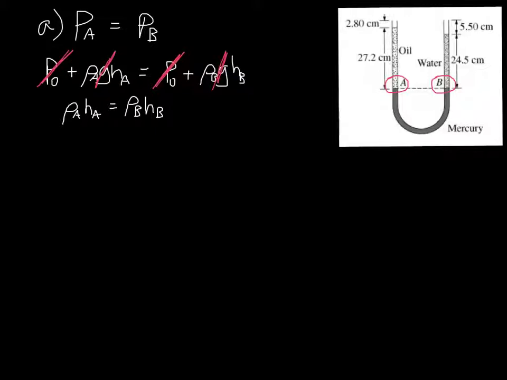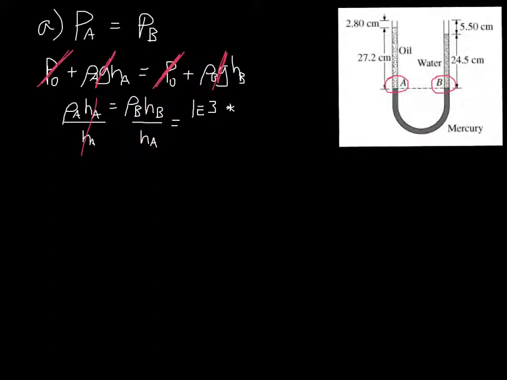So just take this equation and divide both sides by hA. Those cancel out. And then we can just plug in the numbers. The density on side B, which is water, is 1 times 10 to the third, or 1,000, times the height on side B, which is 24.5 centimeters. You can leave it in centimeters if you want to, since you have centimeters in the numerator and denominator, or you can convert both sides into meters.